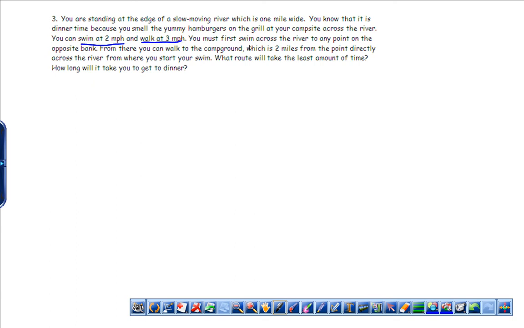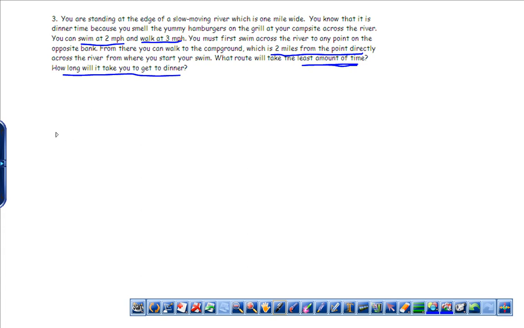You must first swim across the river to any point on the opposite bank, from where there you must walk to the campground. So you've got to do both, which is 2 miles from a point directly across the river. So you've got 2 miles across the river, where you start to walk, where you start to swim. What route will you take the least amount of time, and how long will it take to get to dinner?